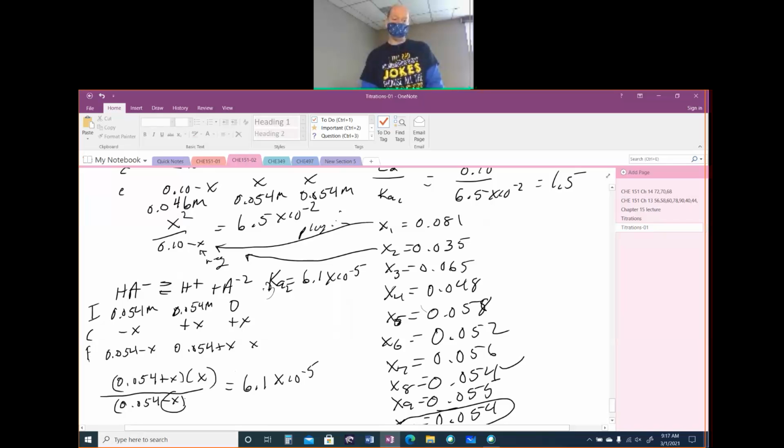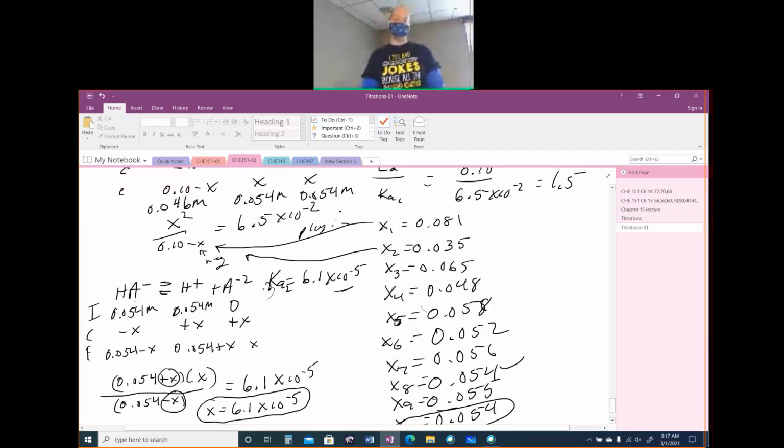All right, again, you're going to neglect any plus or minus x because all Ka values are small. And so when you neglect your x's, you see that you have the same numerator and denominator. The 0.054s cancel. And so your x is 6.1 times 10 to the minus 5. If you plug that in, you will not get a change, but you can check it if you want to.